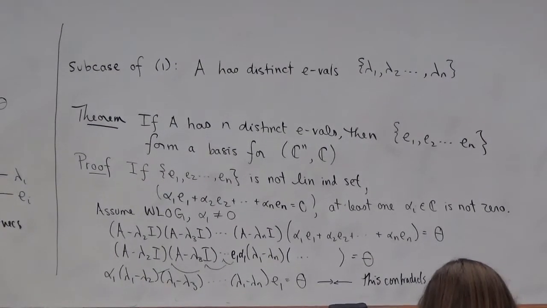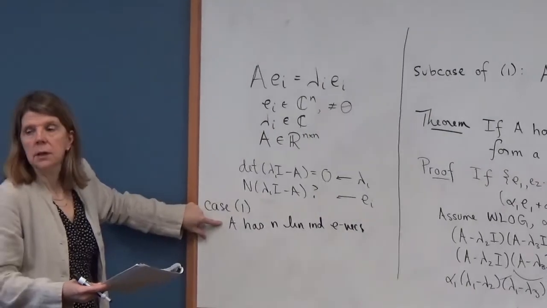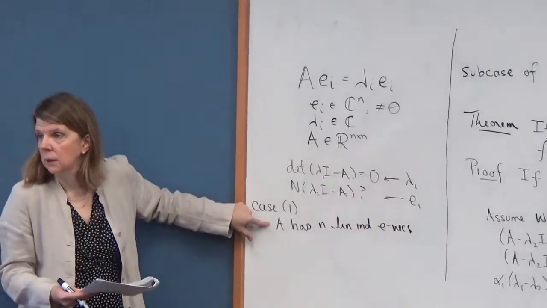But I'd like to continue and just say, A can have n linearly independent eigenvectors even if it doesn't have distinct eigenvalues.